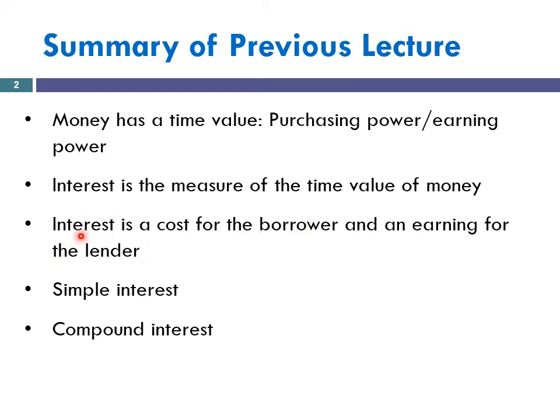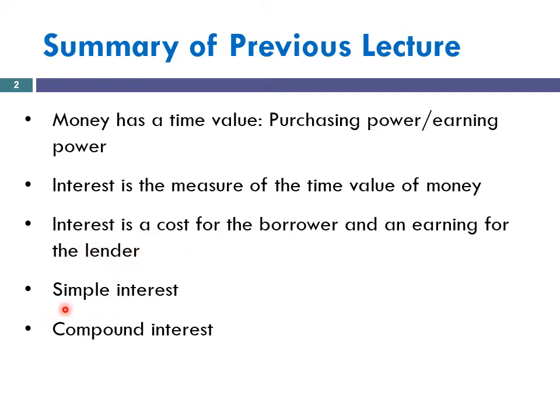Interest is a cost for the borrower, because you borrow some amount of money, for example $100 now, and you pay it back with the addition of interest. But from the viewpoint of the lender, it's an earning. You lend $100 now, and in 1 year you receive it back as $105 with a 5% interest rate. So this additional $5 is an earning for the lender.